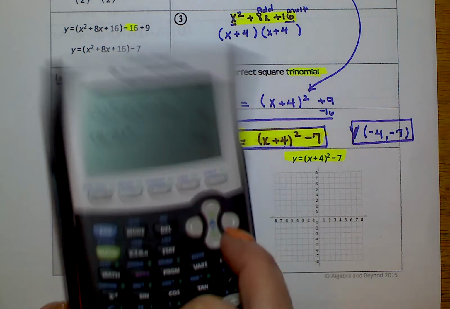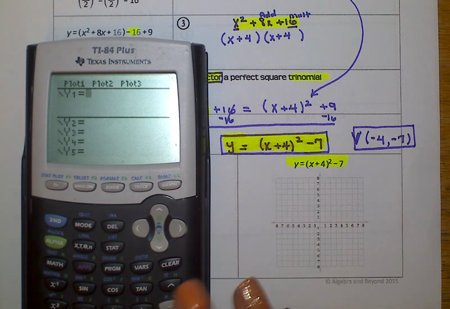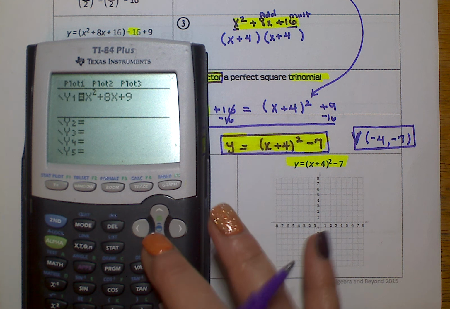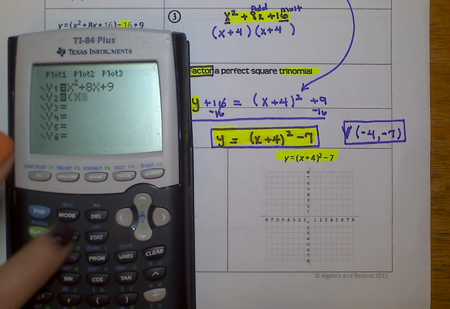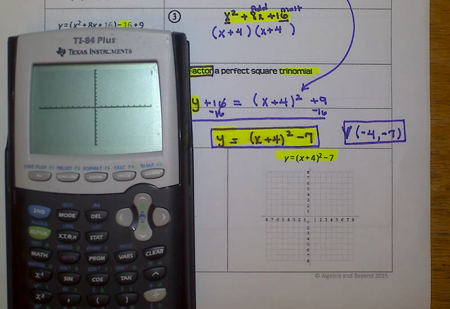So to check your answer, you can take your graphing calculator, and this would ensure that you've done it right, especially as you're learning. I would type in the original problem, then type in what I just got when I changed it to vertex form.